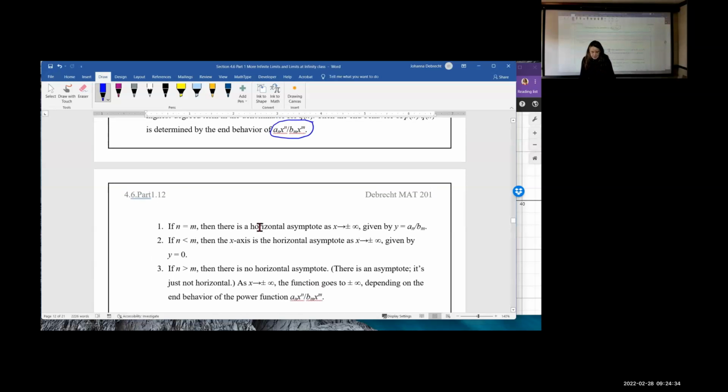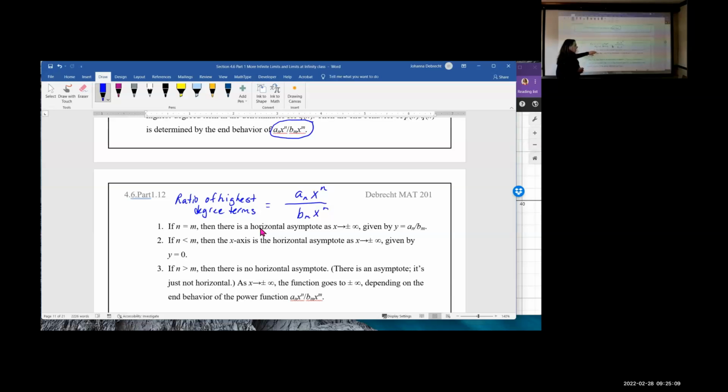So we're looking at this expression right here where we have a sub n x to the n over b sub m x to the m. So let's suppose our highest degree term on top is that, and our highest degree term on the bottom is this. So this is the ratio of the highest degree terms. When we're looking at the ratio of the highest degree terms, this will determine what the end behavior does.